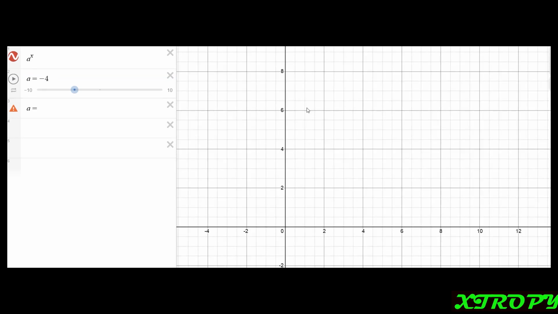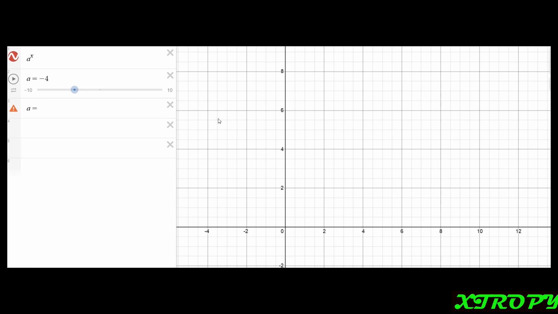No, the graph is not drawn. Actually, you cannot plot an exponential curve with a negative base on the real axis, because suppose here a is -4 and the value of x is half. Therefore, it becomes root over -4. The outcome is 2i, which is a complex number, and you cannot plot a complex number on the real axis. You need a different plane known as the Argand plane to plot a complex number.